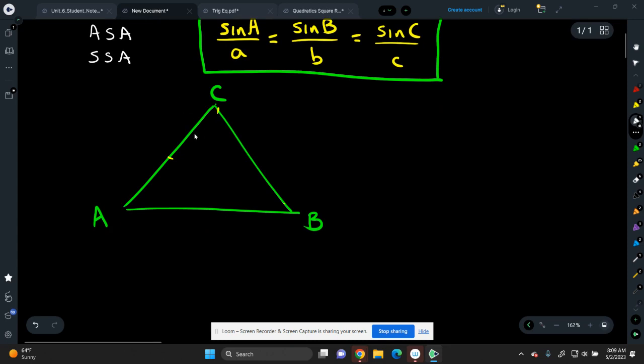Let's say that angle C is 102.3 degrees. I'm sorry, 102.3 degrees. Sorry about that. And angle B is 28.7 degrees. And we're going to say side B is 27.4 feet.